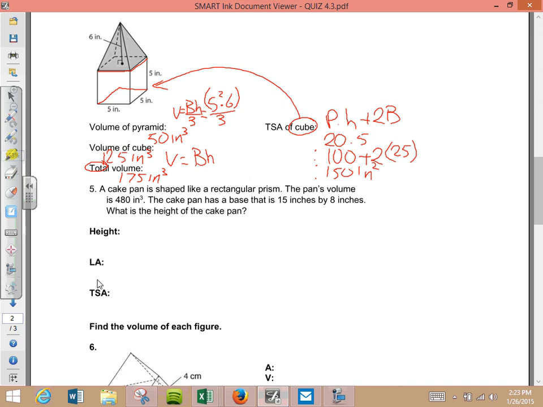All right, so for this one, we're just working it backwards. We know that it's a rectangular prism. So what is the formula for that? Nope. Area of the base times the height. Guys, come on. It's a prism. You should know this by now. All the prisms are going to be area of the base times the height. So what do we know about that?